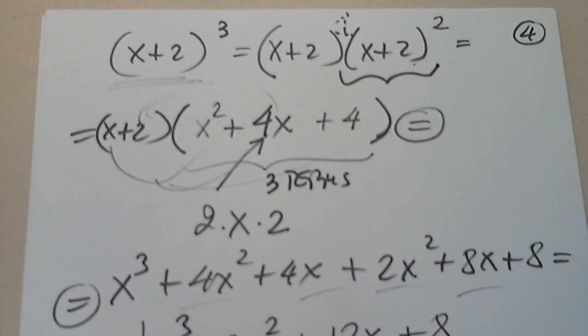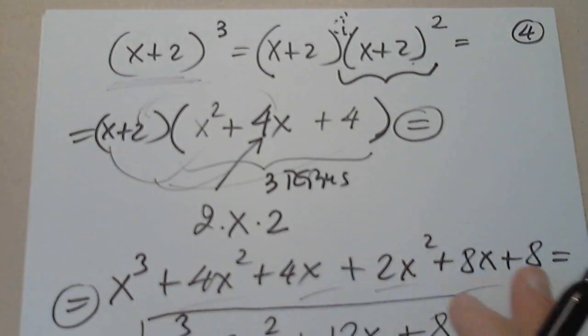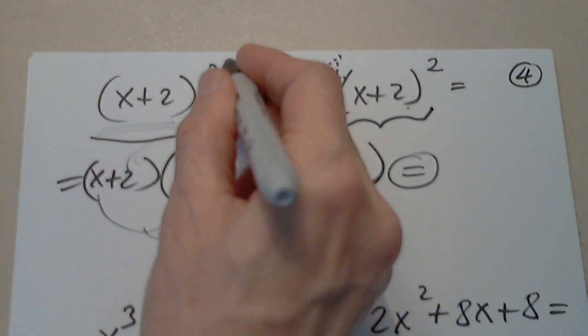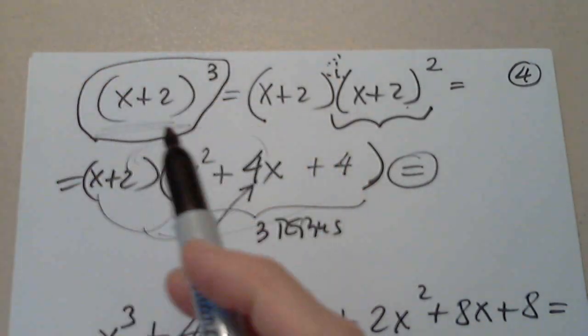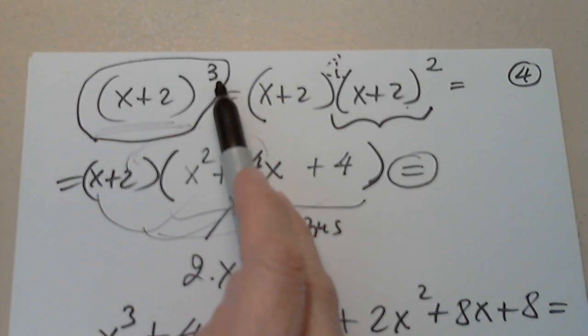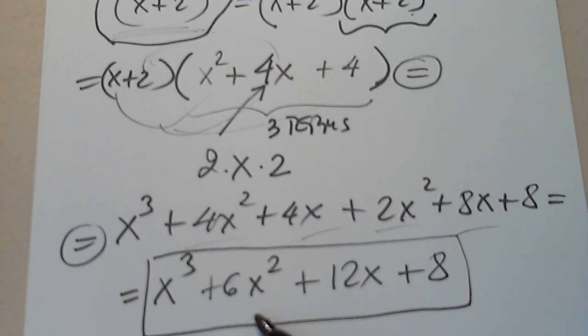Excellent. This is the expansion of this. (x plus 2) to the third power is x cubed plus 6x squared plus 12x plus 8.